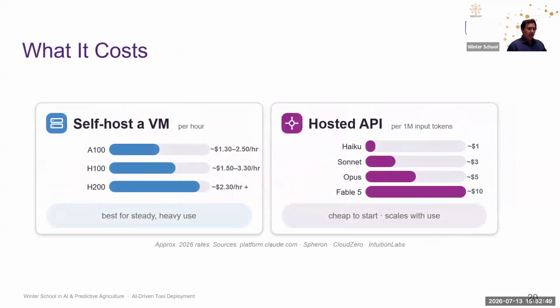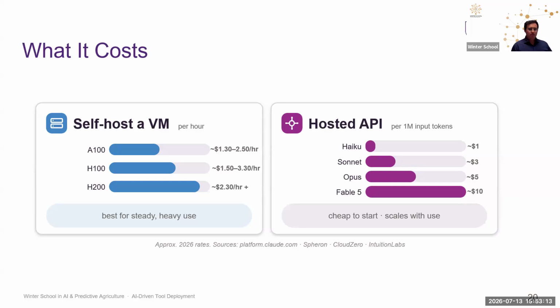In terms of cost, here I have a bit of an example of hosting your own virtual machine, like rented infrastructure, and some examples there of graphical processing units or GPUs, and how much it would cost per hour to run things there. So an hour would usually come at $1, $2, $3.